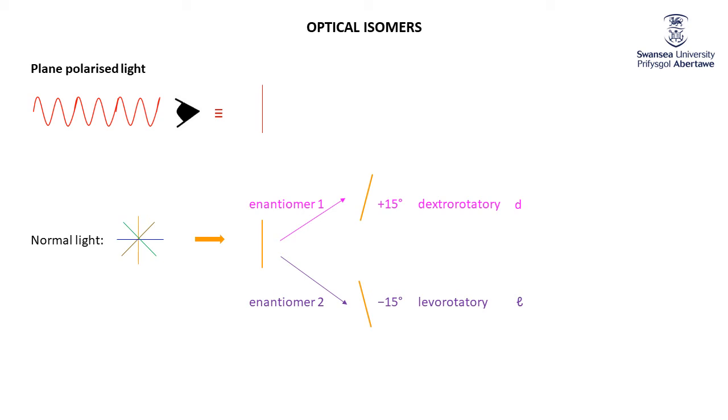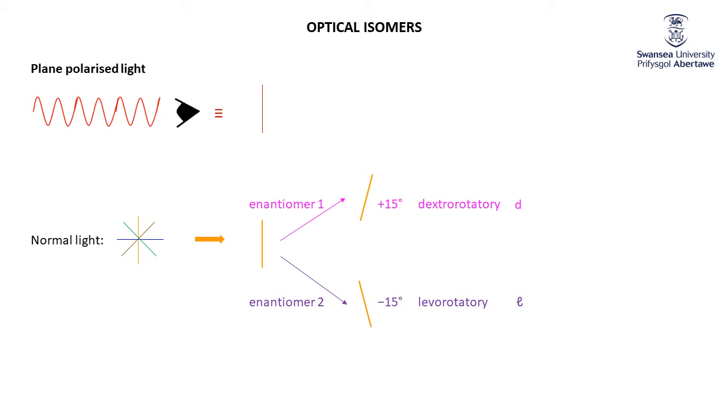You can't say R is always dextrorotatory, S is always levorotatory. They are two different properties of enantiomers. One is associated with the structure, R or S, the other is associated with what they do with light, dextrorotatory or levorotatory.